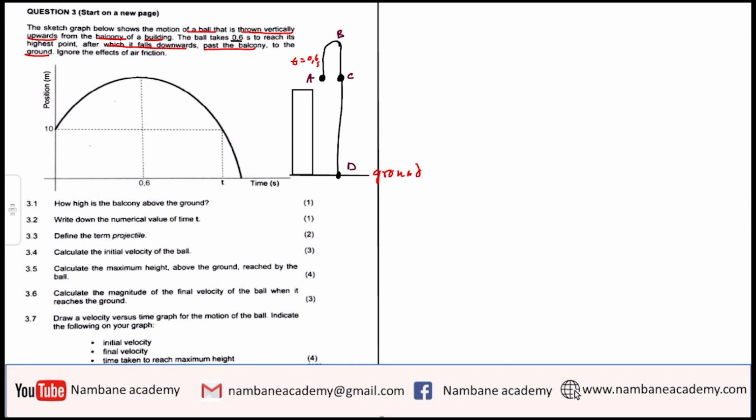Already, because I am given a certain information about symmetry, I can write a lot of things to say from CD basically. Let me just write this down. From the graph I can see that this is now 10 meters. What else do I know? At maximum height, V is equal to 0 meters per second.